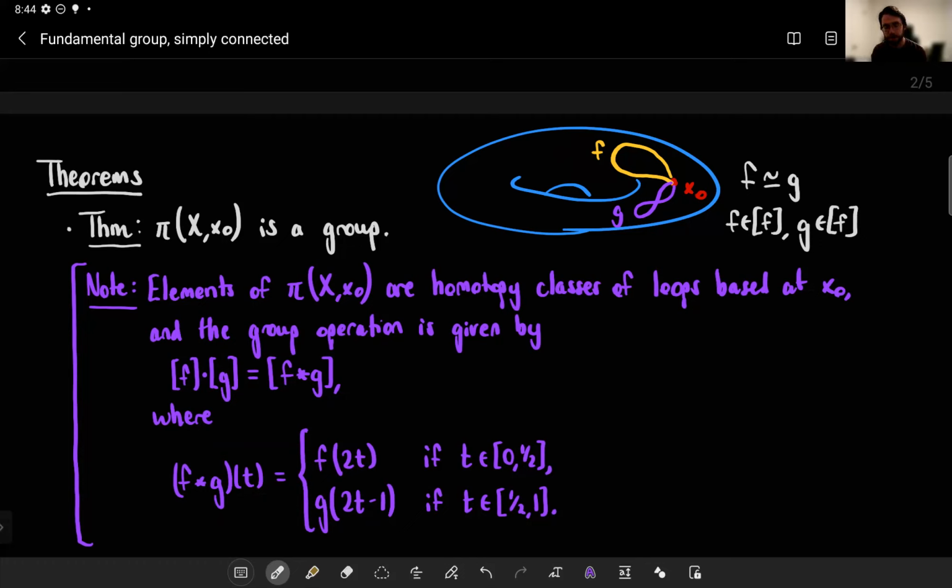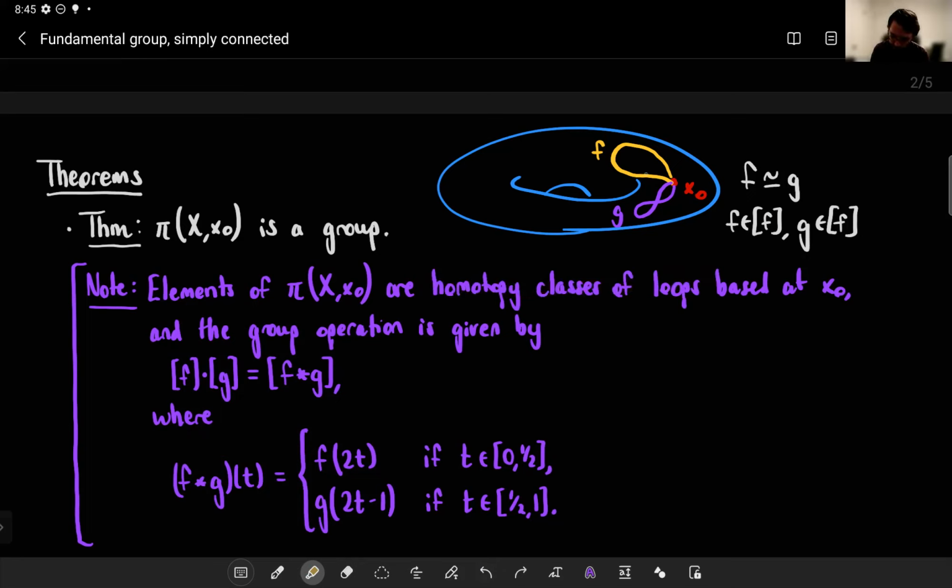Okay, so I'm tossing around a lot of big words. I apologize for that. This takes a while to wrap your head around, no pun intended. But it's really beautiful once you get used to the notation and terminology and all that. So the point is, the thing we're working with here is not individual paths. We're working with homotopy classes of loops, right?